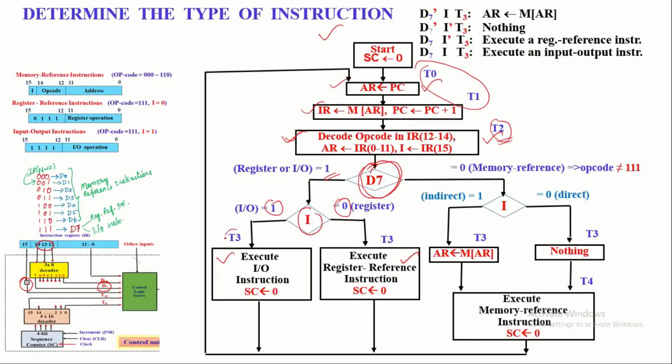This is ensured during timing signal T3, and once it is ensured, the corresponding IO instruction or register reference instruction is executed. At the end, the sequence counter also must be cleared.